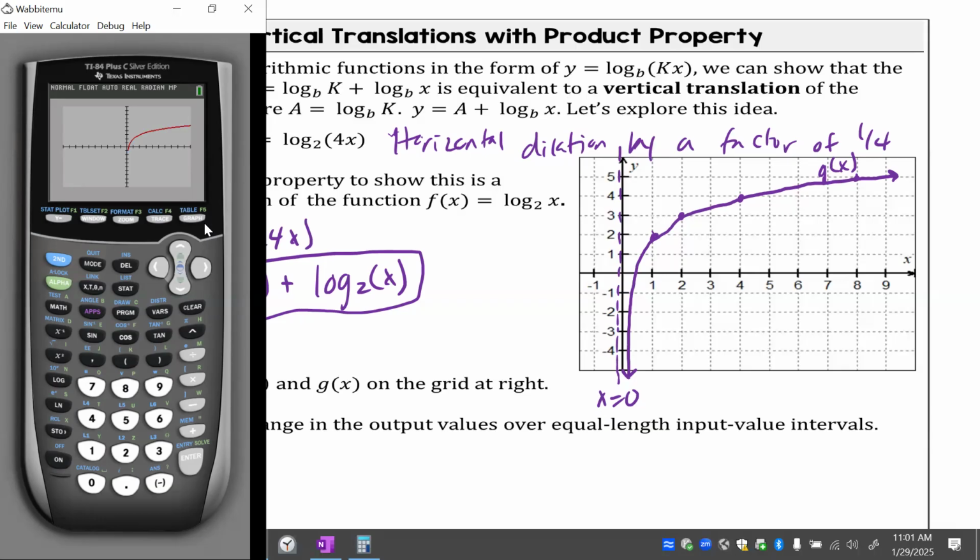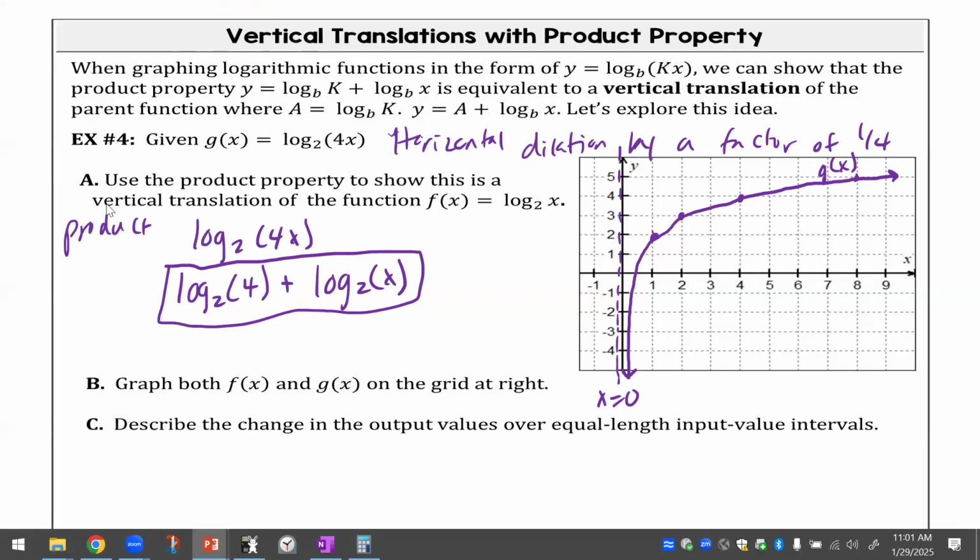So our conclusion here is what? A horizontal dilation is the same thing as a what? It's going to be the same thing as a vertical translation. That's because of that product property. That product property is going to make it the same thing. Now we're going to clean this up so that you can see what this would look like.